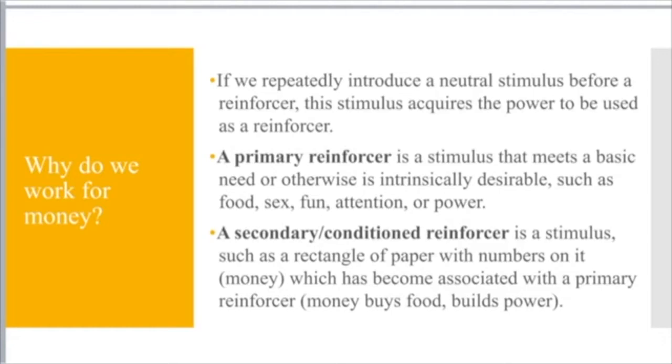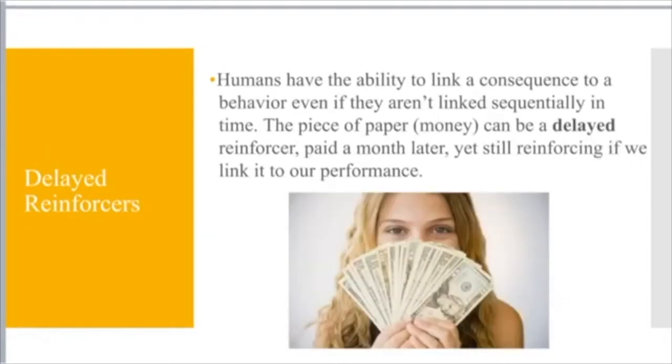So we have primary and secondary reinforcers, but we also have delayed reinforcers, right? Humans, unlike any other creature, have the ability to link a consequence to a behavior even if they aren't linked sequentially in time, right? A piece of paper, the money, can be a delayed reinforcer paid a month later, and yet still it reinforces. We link it to performance. So I get paid every 2 weeks.